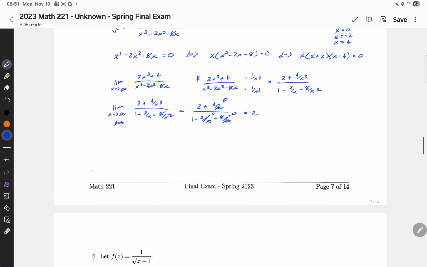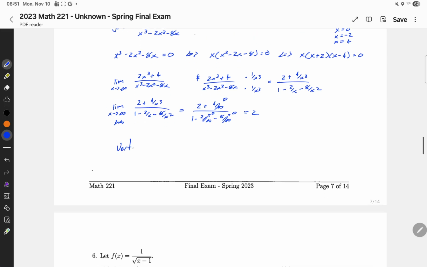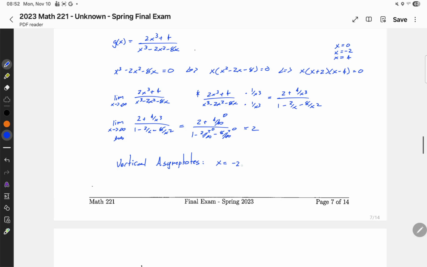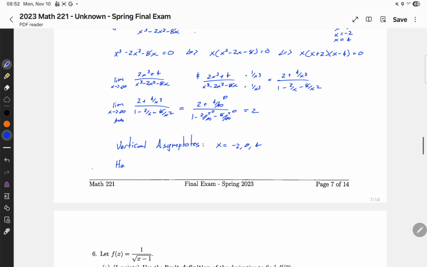So we're going to have our vertical asymptotes. I'm just writing out the final answer. Vertical asymptotes are at x is equal to, it was minus 2, right? Yep, x is minus 2, 0, and 4. We're going to have a horizontal asymptote at, no, this is going to be at y is equal to, right?